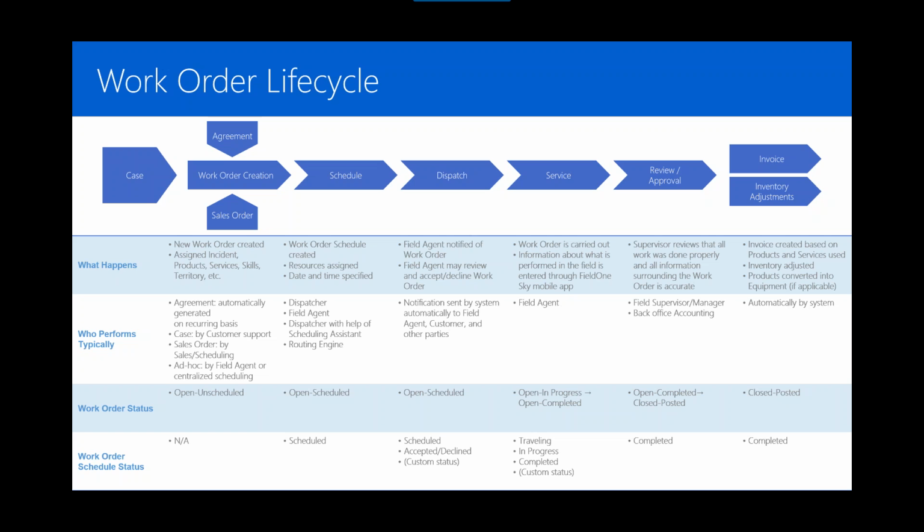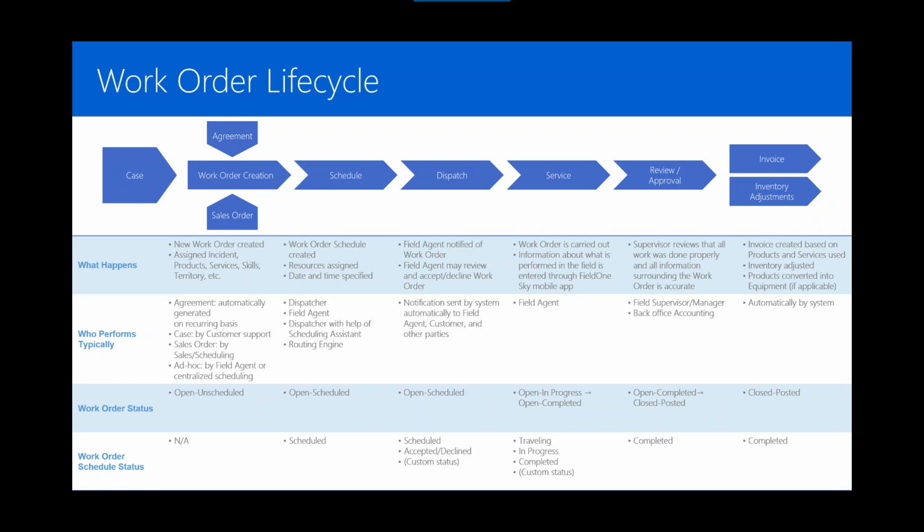The resources then go and do the service, and we can also have a review or approval of the job. This is quite key to the eBECS accelerator and how we bring things up to the case level. The case level view provides a financial summary of how much all the work orders related to that case cost, and the expected revenue.